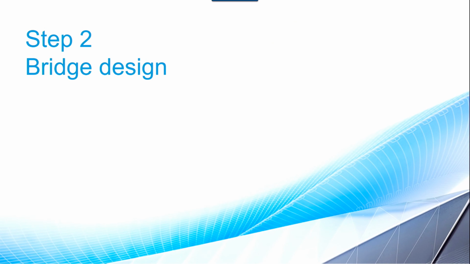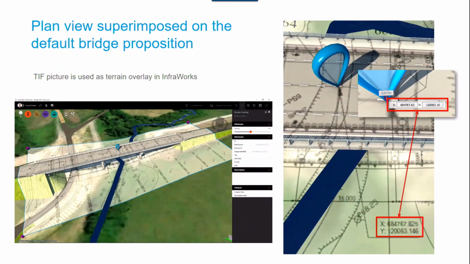So now we will move to the design of the bridge. At first, we had a classic bridge. We put the TIFF picture on the terrain with the terrain overlay feature in InfraWorks.